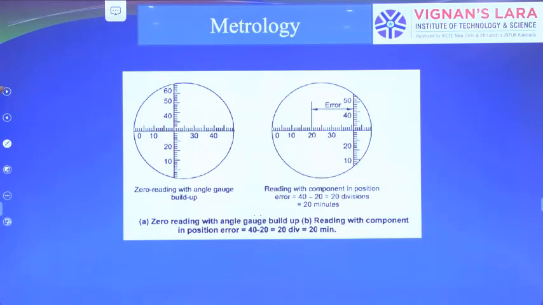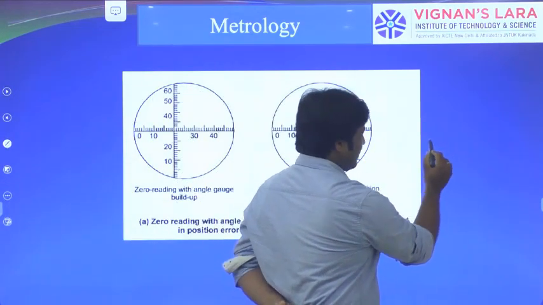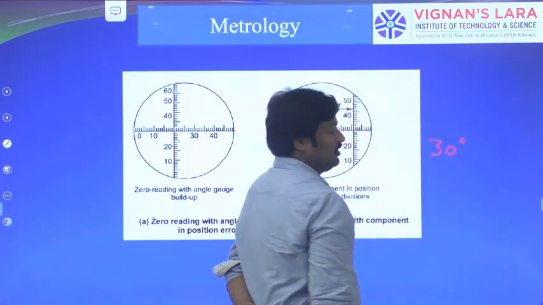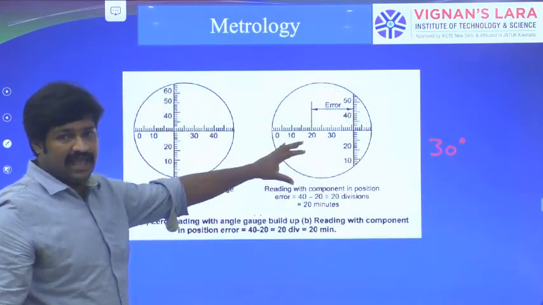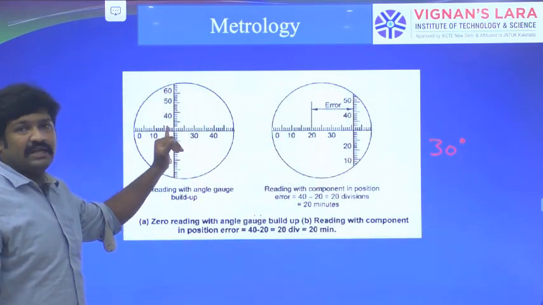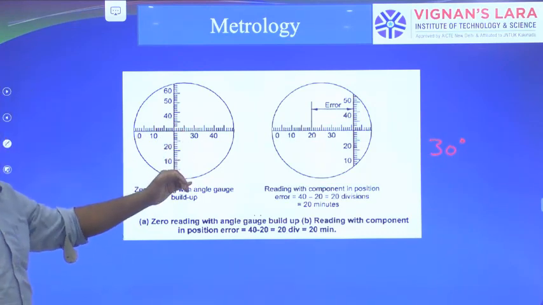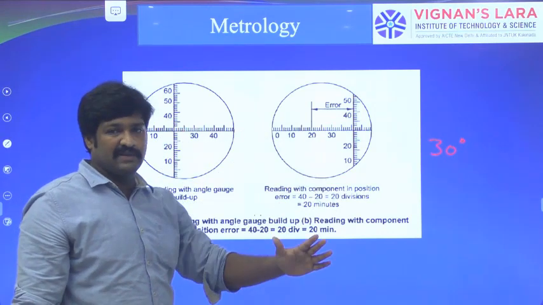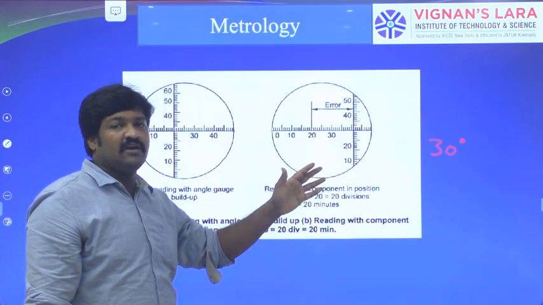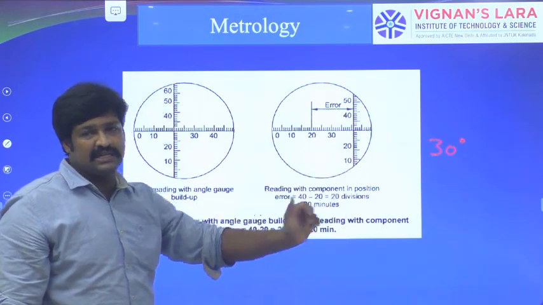So if we set by means of an angle block, we are making that 0. We used an angle block of 30 degrees, so by means of this 30 degrees angle block, we are making that as 0. After that, we are replacing this 30 degrees with the workpiece. Then it indicates how much it is deviating from this 30. Why?